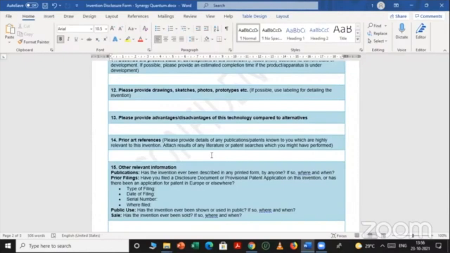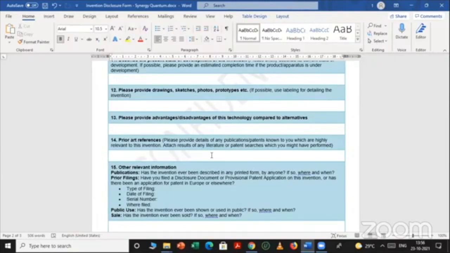Always mention your disadvantages in comparison with a contemporary technology, your competitor's product, or any other contemporary research, because this is going to help the attorney write your advantages in a much better way in the patent document.